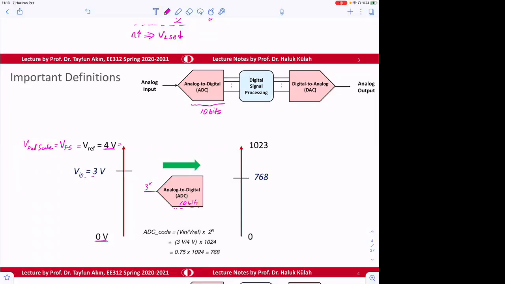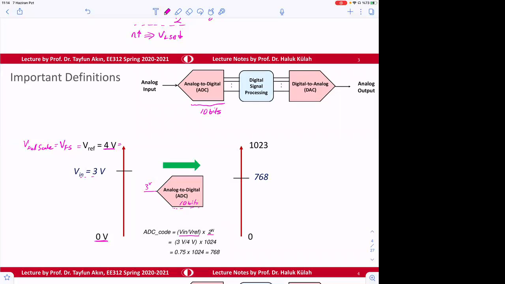So how can we find that voltage representation? Typically, what you do is you take that input voltage, divide by the reference, and then multiply by this digital representation, because the maximum representation is going to be 2 to the power n.